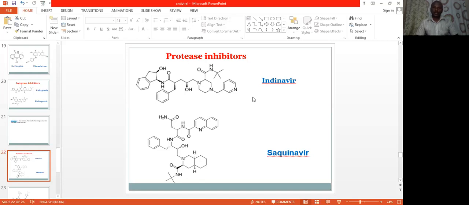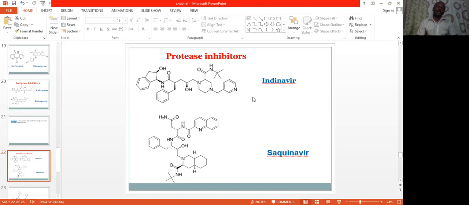Then protease. Protease also is a viral enzyme, which is required for processing the protein. There won't be any proofreading here. It is only processing, slicing of the protein.